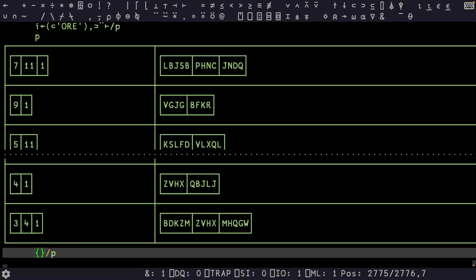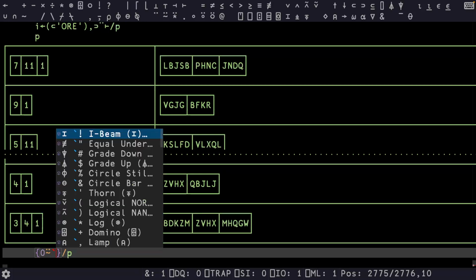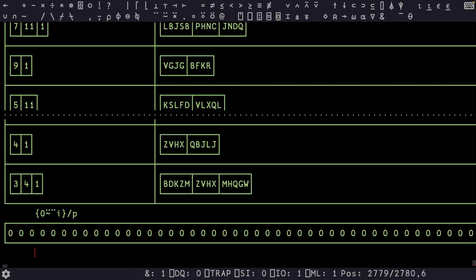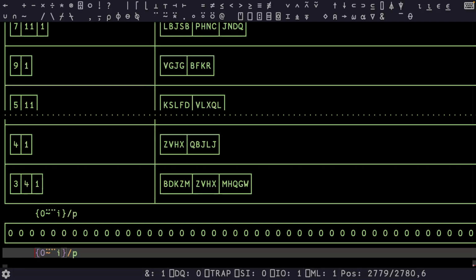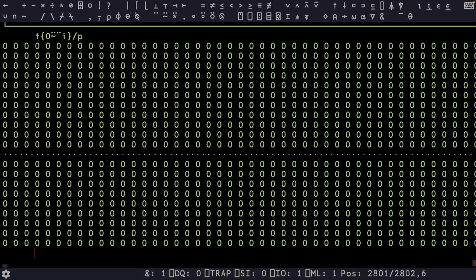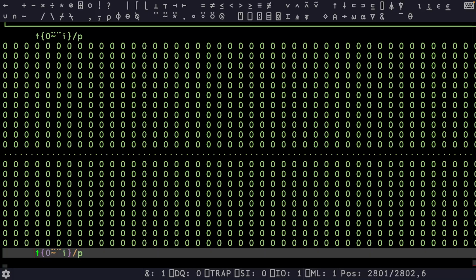Okay, so if I'm building a row in a matrix, it makes sense to just build an empty row first. So we can say 0 constant for each ingredient, and that builds this. If we mix it together, we get a matrix full of zeros. That's a great start.